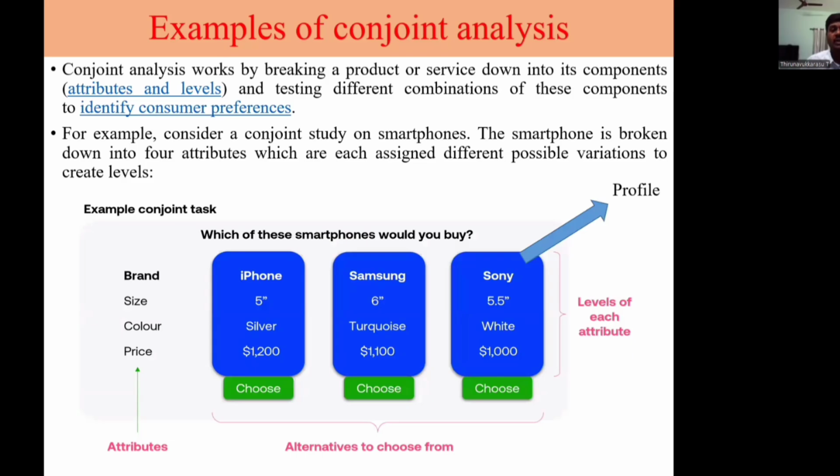Now, we're going to discuss some examples of conjoint analysis. In this slide, we're going to discuss the concept of profile, attributes, and levels. Here, the example is conjoint studies of smartphones. A smartphone is broken down into four attributes, which are each assigned different possible variations to create levels.